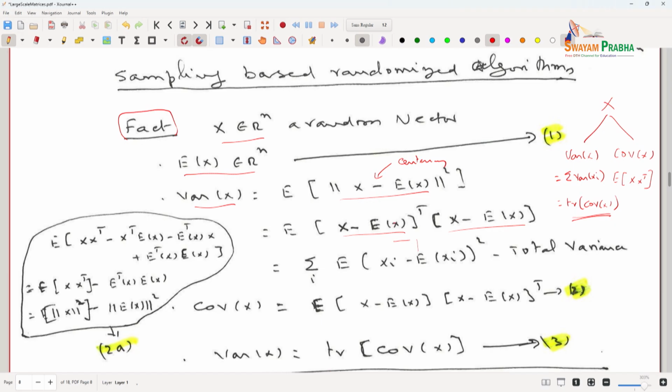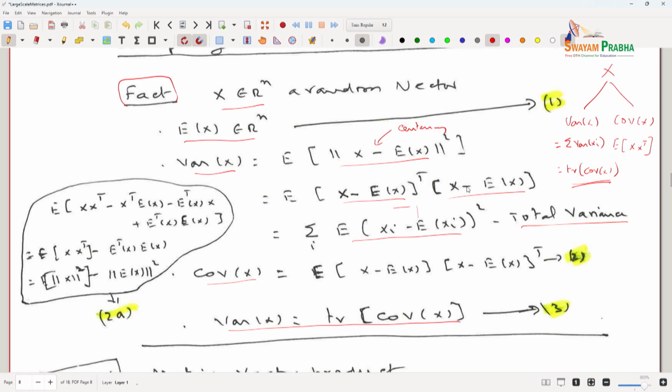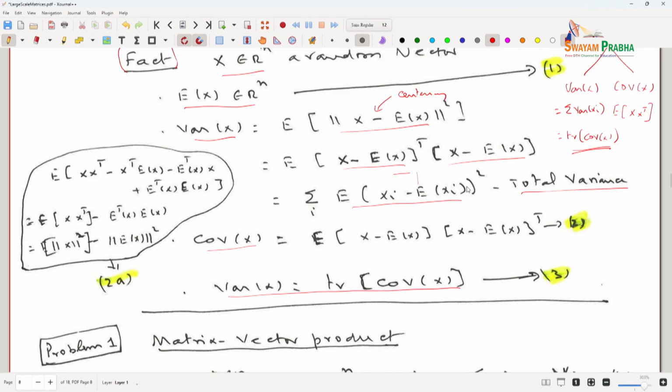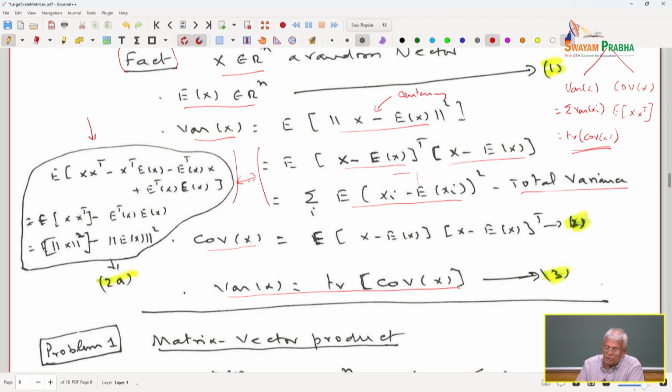Expectation, this is the sum of the squares. Expectation of the sum is the sum of the expectations. The sum of the expectations of the variance of the individual components is the total variance. So that is the covariance matrix, and the variance of X is equal to the trace of the covariance matrix. These are all fundamental facts that come from basic probability theory relating to vectors. Here I have illustrated how to compute the total variance, the covariance matrix and so on. So it is a combination of this and that you need to be aware of.